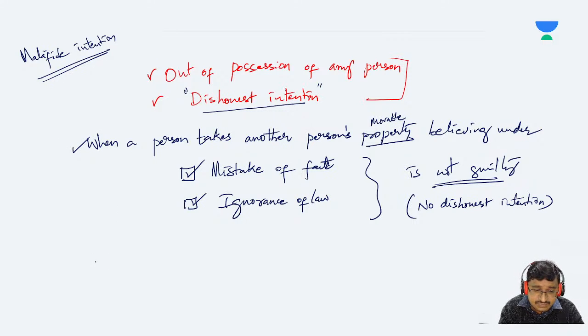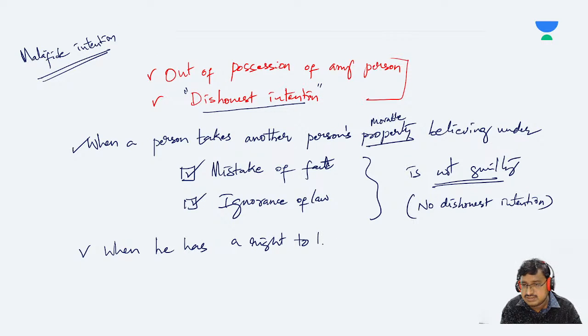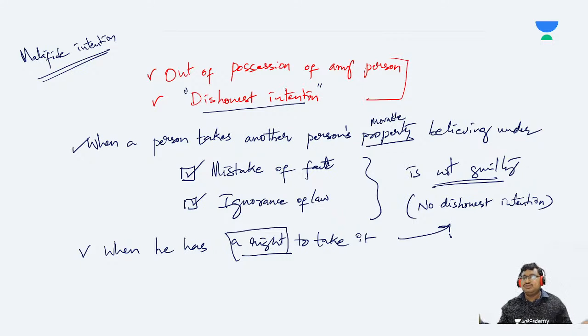Thereafter, friends, when the accused has a right to take it, then he is not guilty. There is no dishonest intention.